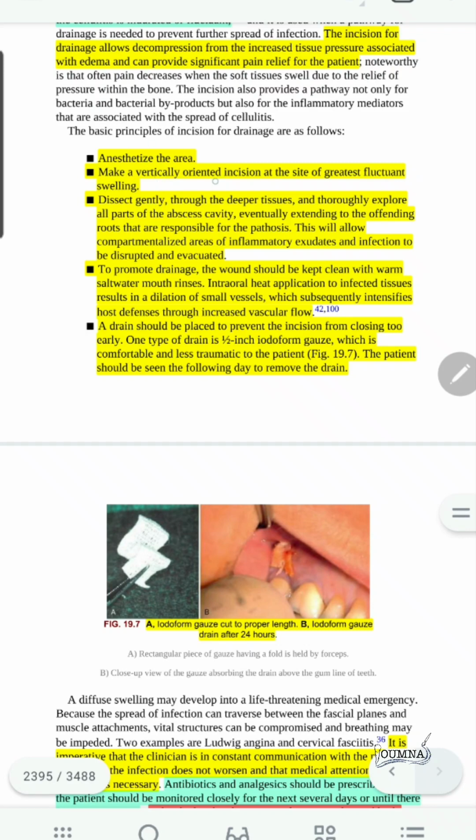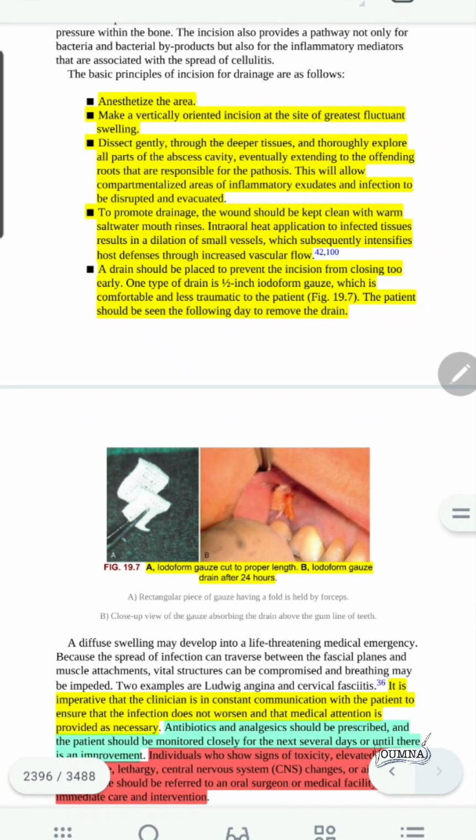Then make a vertical incision at the site with the greatest swelling. Then start pressing gently to activate the pus drainage.